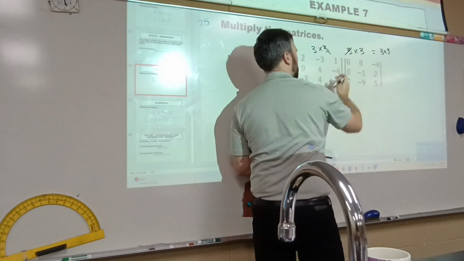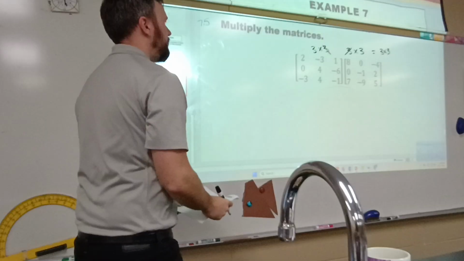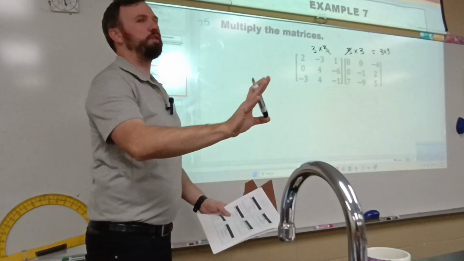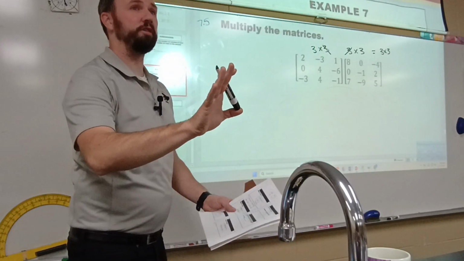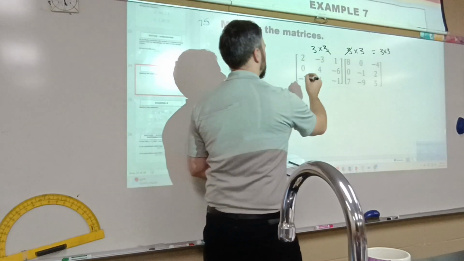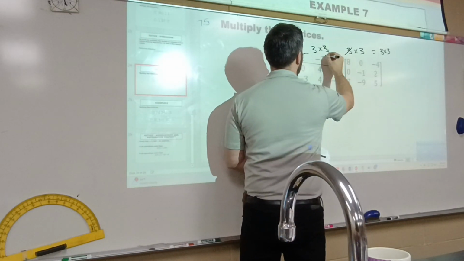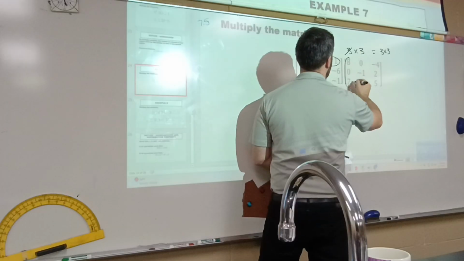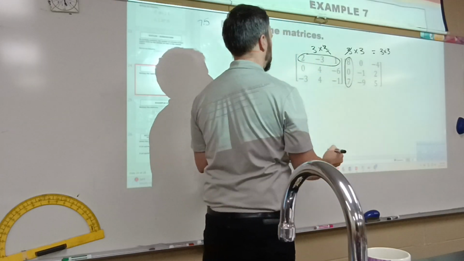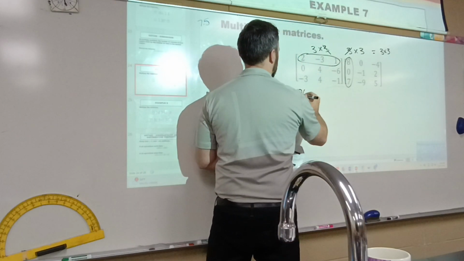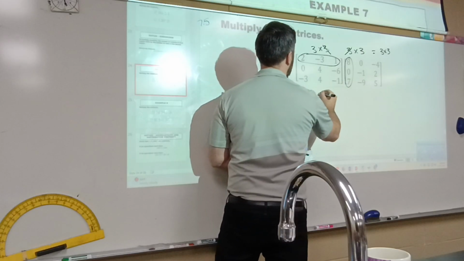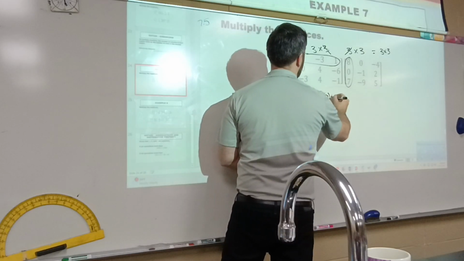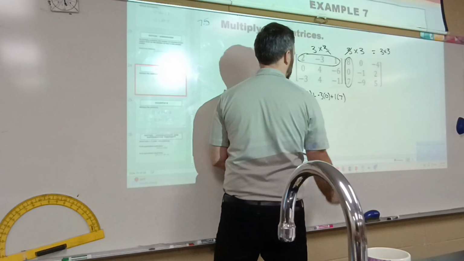It's the front and the back of the dimensions, which makes sense. I'm going to show you how to do the first one, and then it's going to be the same. So I take my row times my column. Does it work? 2 times 8 plus negative 3 times 0 plus 1 times 7. Right? Can I do that?